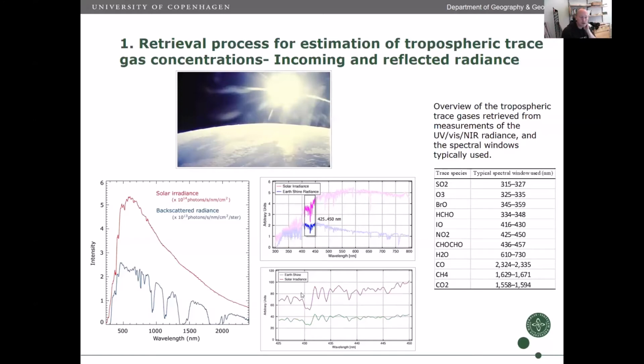So what we get back then is information on how much radiation is coming in from the sun in each wavelength and how much radiation is reflected back from the Earth's surface in each of these wavelengths. And then we can use this information to estimate how much is absorbed and try to relate this to the concentration of nitrogen dioxide.